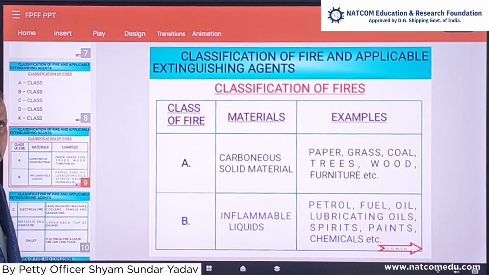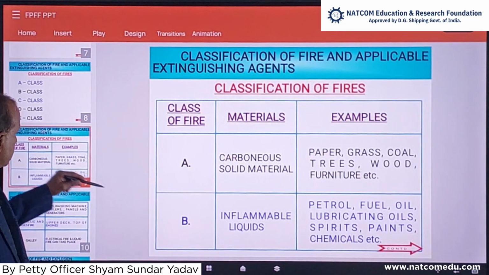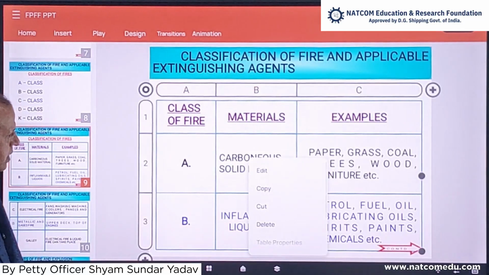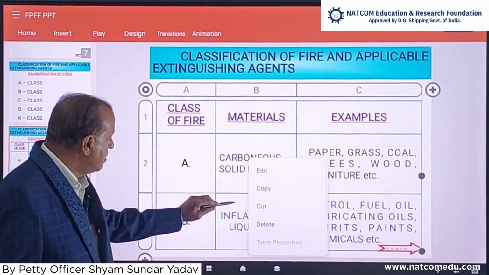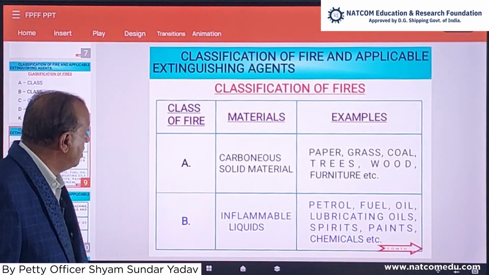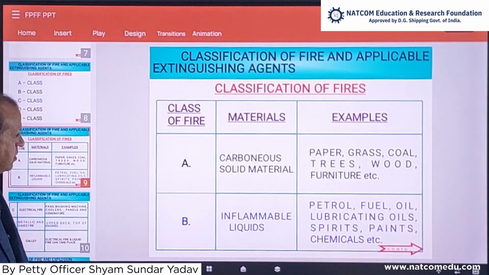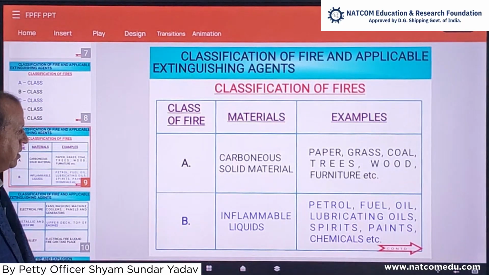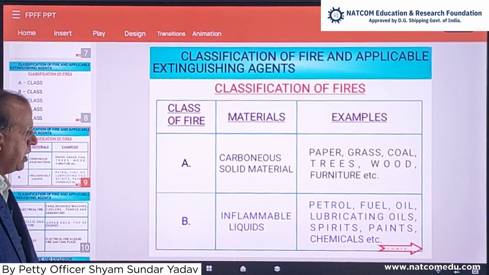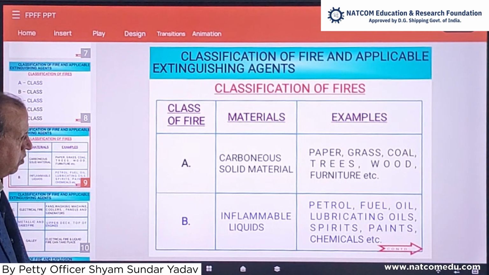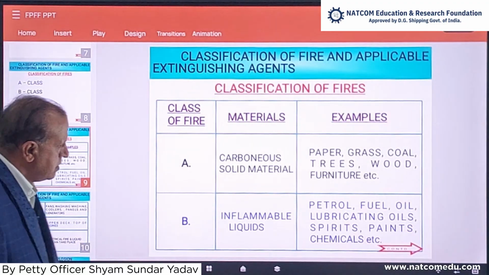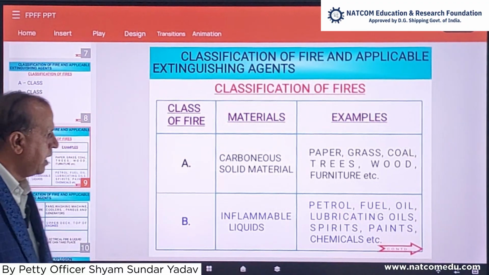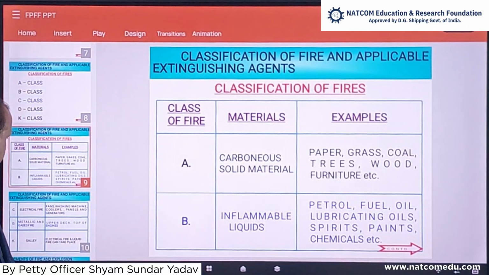That comes under A class of fire. Next, B class of fire: inflammable liquid like petrol, fuel, oil, lubricating oils, spirits, paints and chemicals, etc.